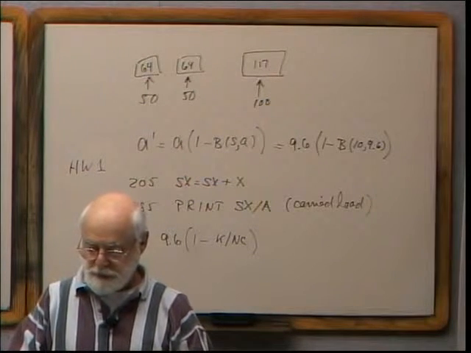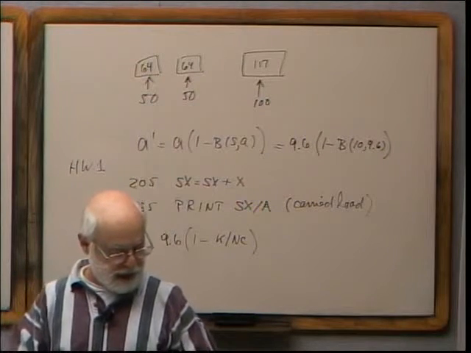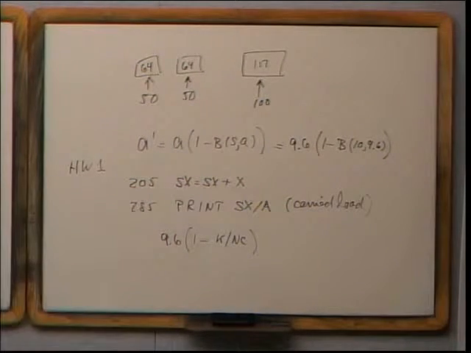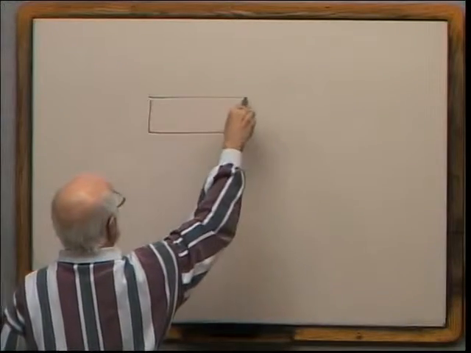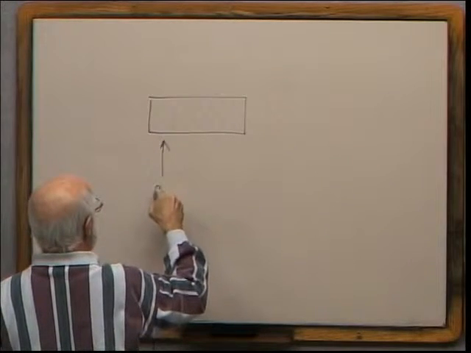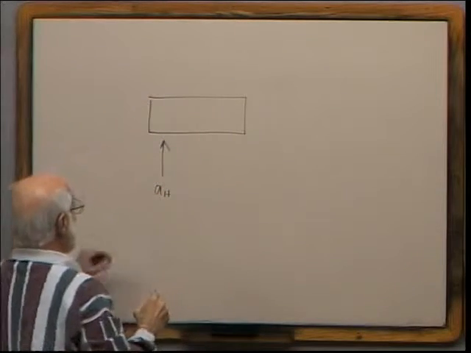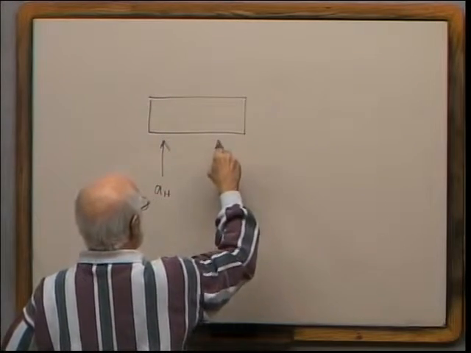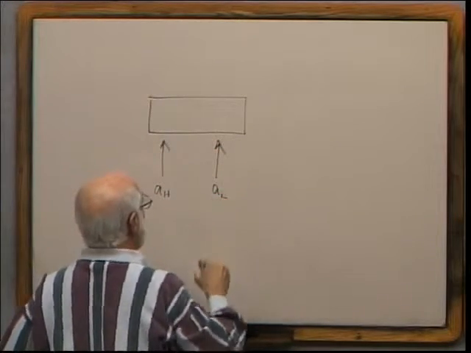So we have a diagram that looks like this. Here's my group of servers, and I've got high priority traffic. I'll call that AH. So that's going to be the number of Erlangs of high priority traffic. And I've got low priority traffic, AL. And they both share the same group of servers.